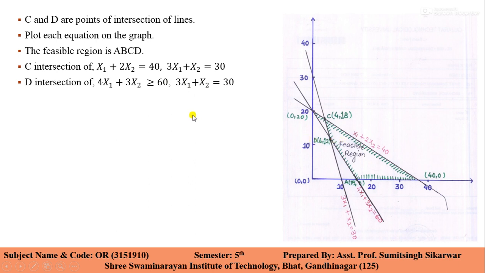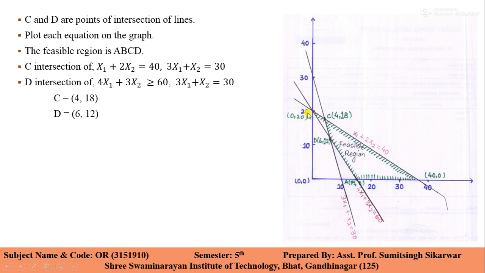So from that we are able to get the values of C and D. We'll get the value of C as (4, 18) and D as (6, 12). Now we have achieved all the corner points.